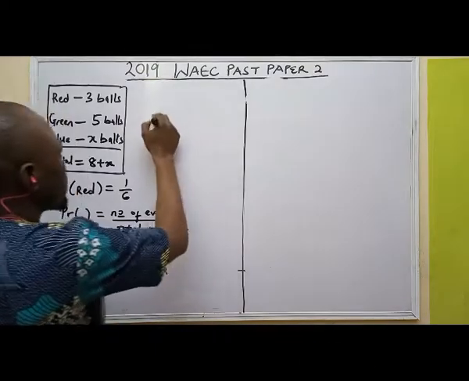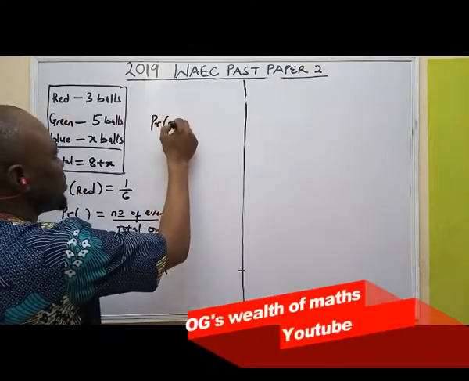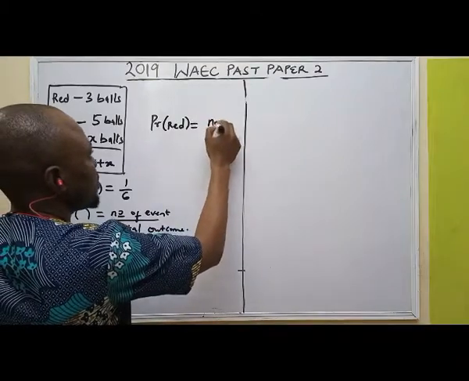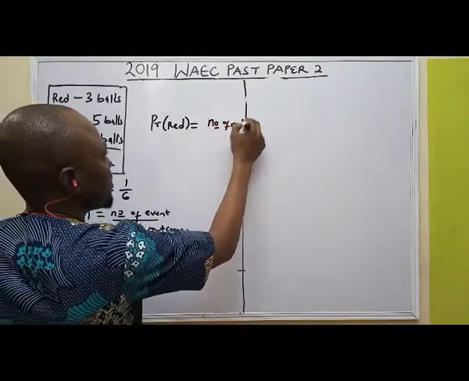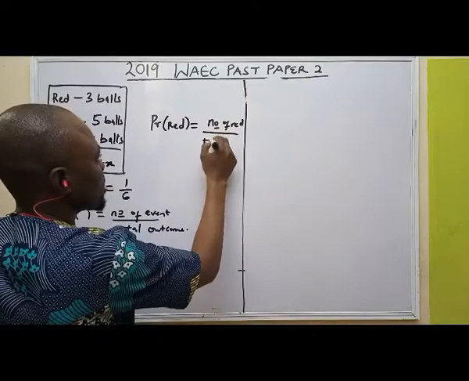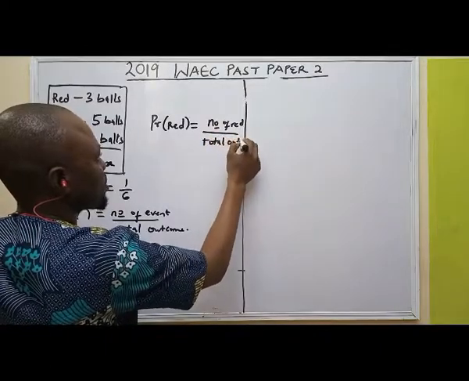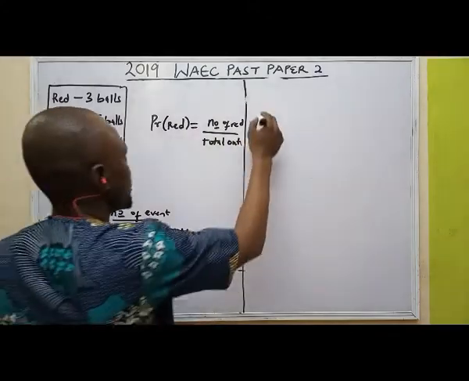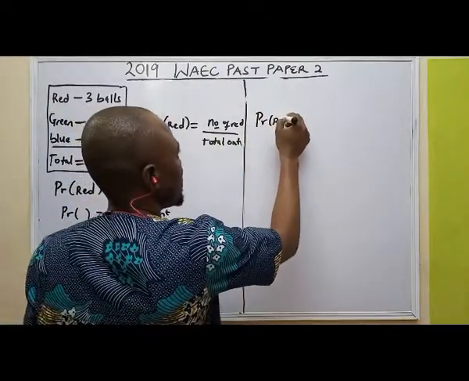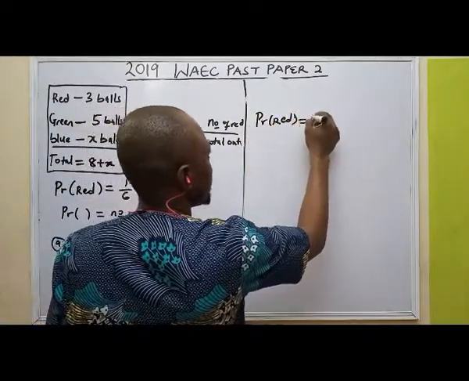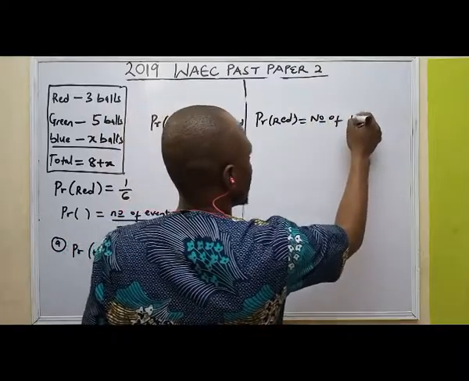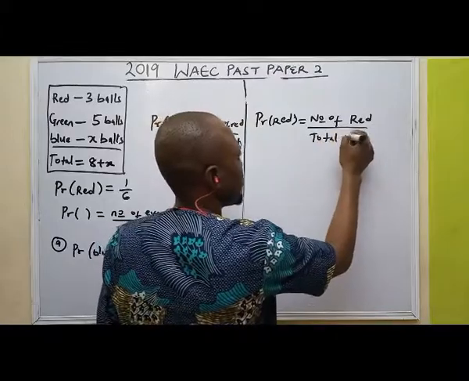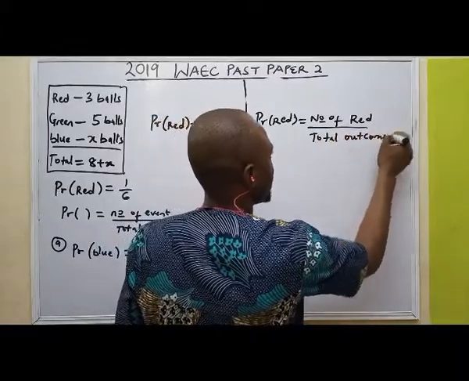Now we're going to look at probability of red, which means the number of red balls all over the total outcome.